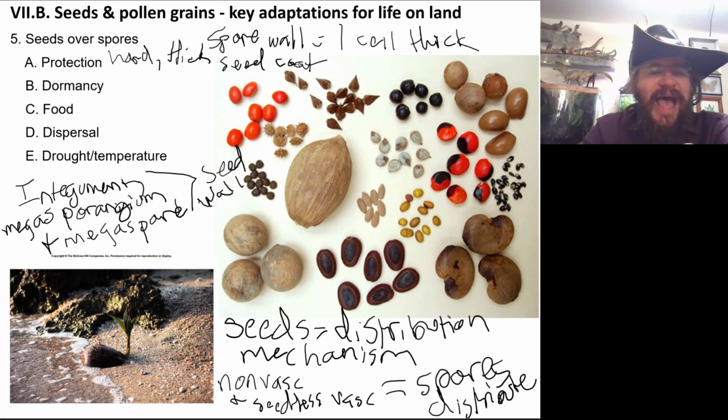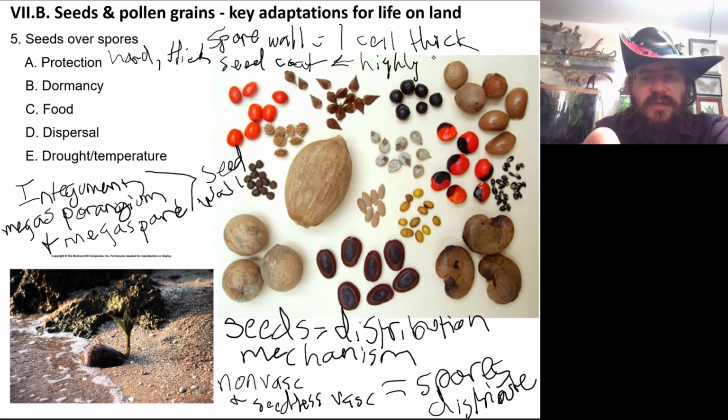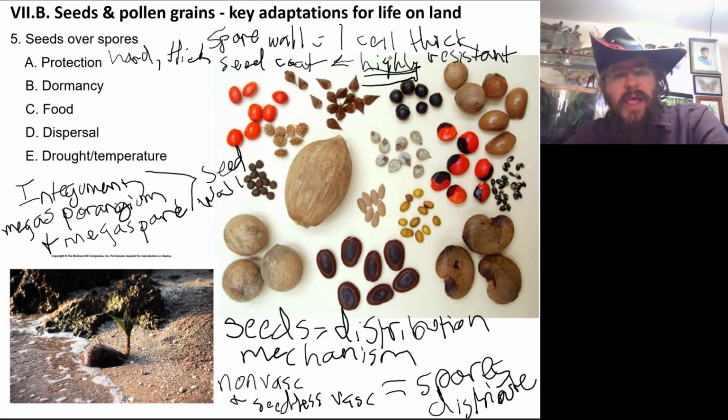This is highly resistant to environmental conditions. Not only extreme desiccating conditions, but seeds are pretty resistant to being flooded. You submerge terrestrial plant spores and they're not going to have a good time.